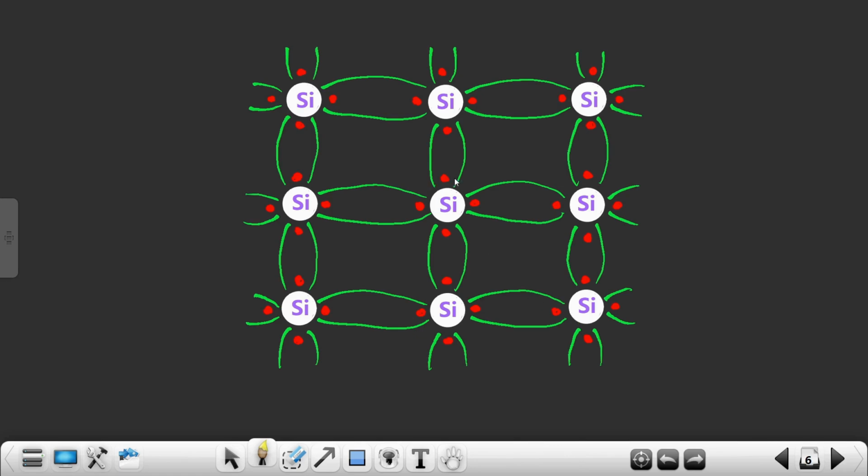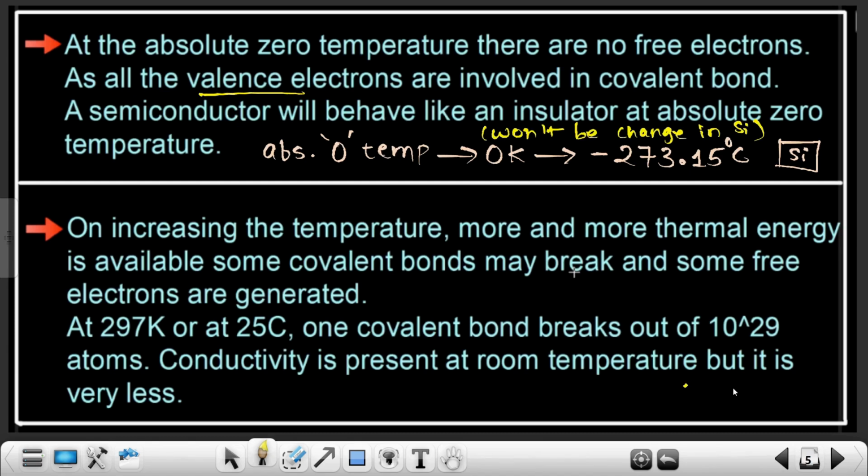So these are the 4 valence electrons of this particular silicon atom, and these are the 4 valence electrons of this particular silicon atom, and all of these 4 electrons of each and every atom are involved in the covalent bond at which temperature? At absolute zero temperature or minus 273 degrees Celsius. Okay, great. So all of them would be involved in the covalent bond.